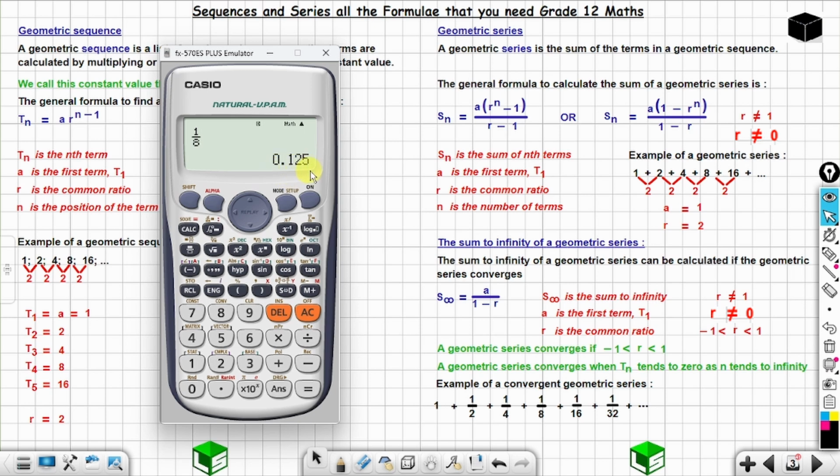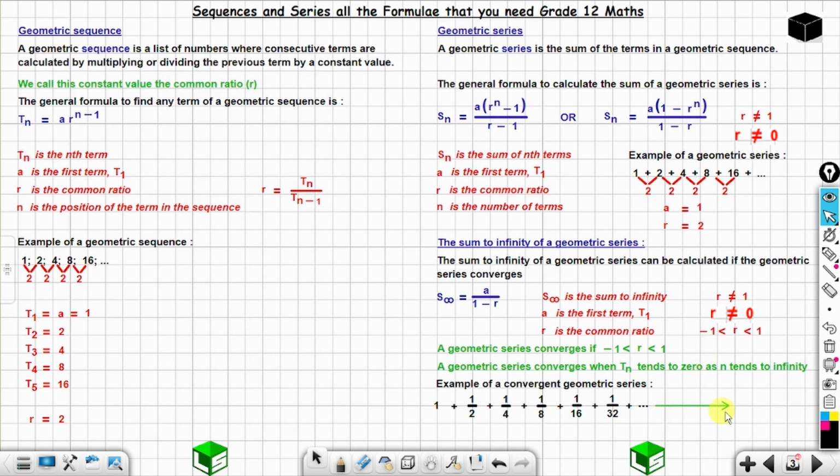Now, 1 over 16 is 0.0625. We are getting closer and closer to 0. 1 over 32 is equal to 0.03125. You can carry on. 1 over 64 is equal to 0.015625.